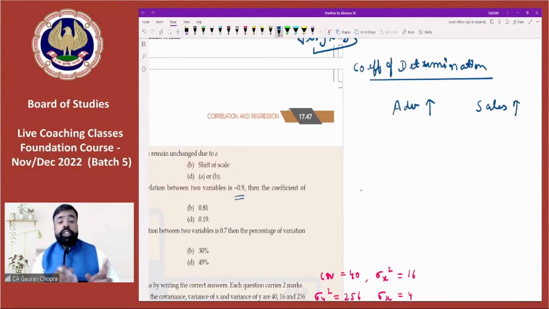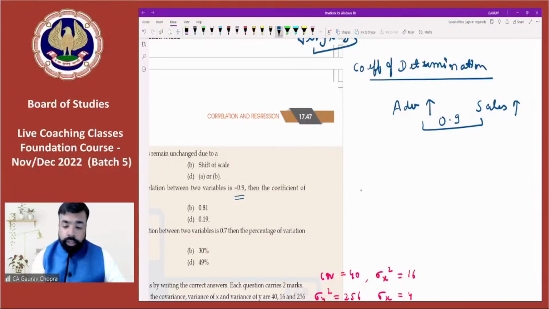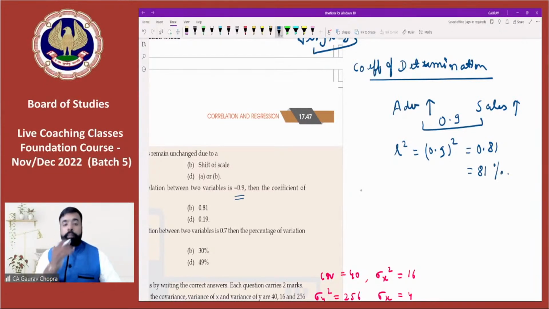So sales is dependent on advertisement. Now, the correlation between these two is given as 0.9. So we can first find out r square. R square will be 0.9 squared, that is 0.81, or in terms of percentage we can write 81%.